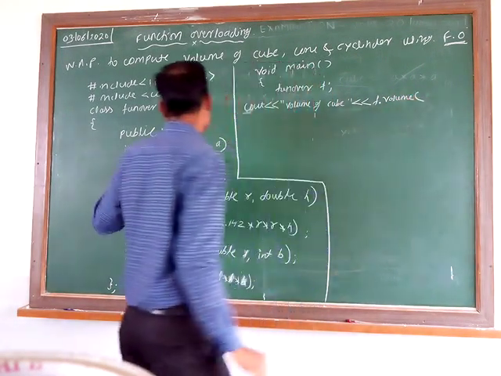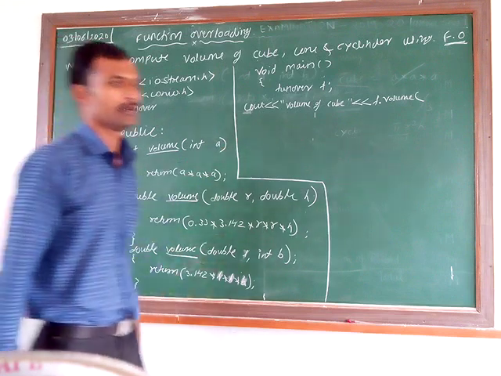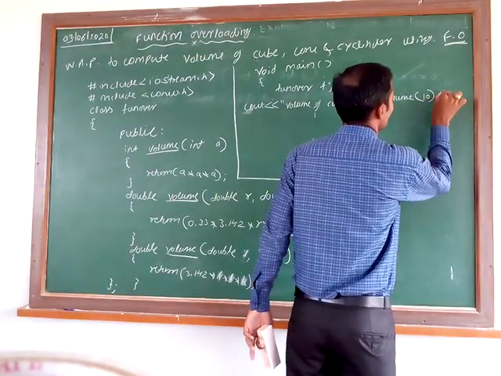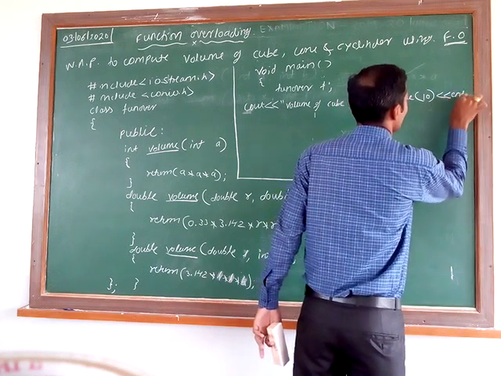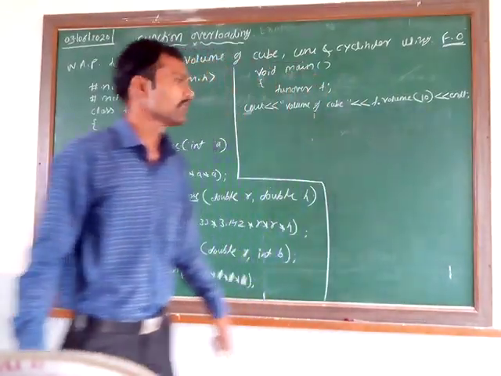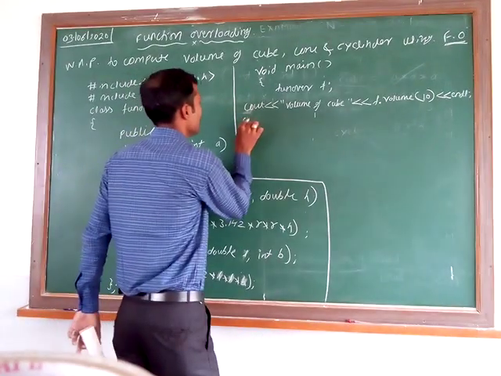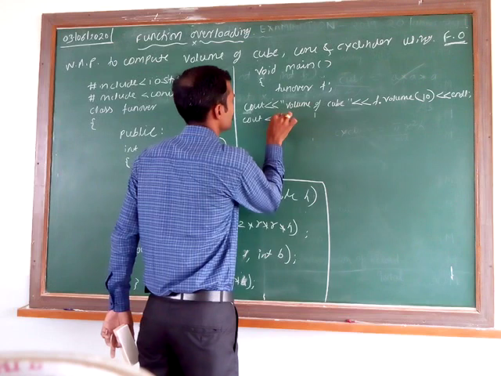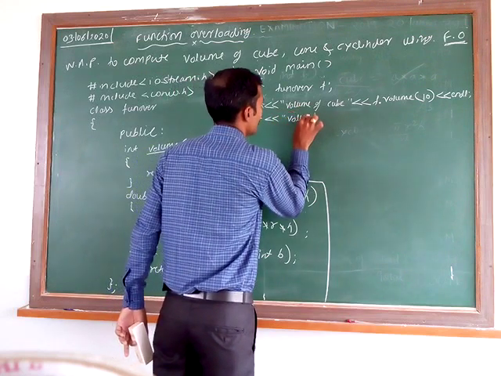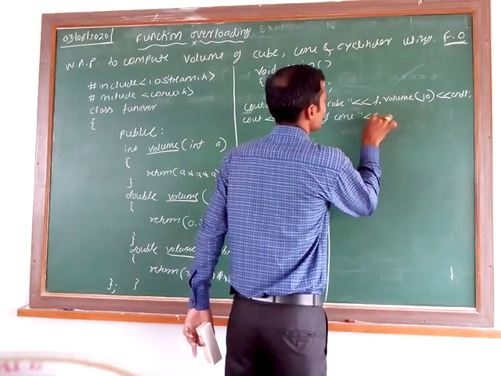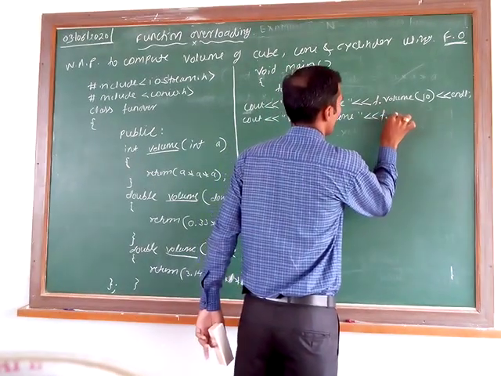And here we have to pass the arguments. Int a means you have to pass a real number, for example, n or m. Then the second function was this one, cout, value of code, f dot value.